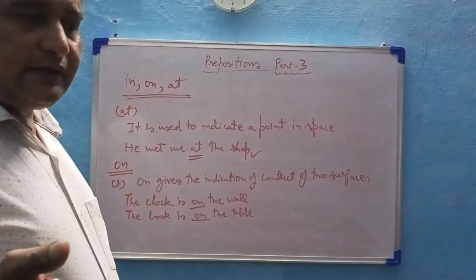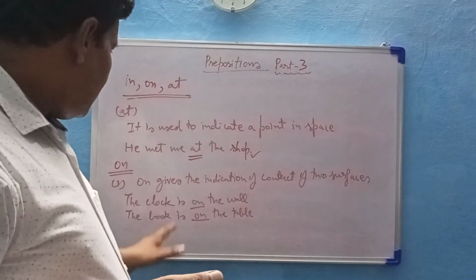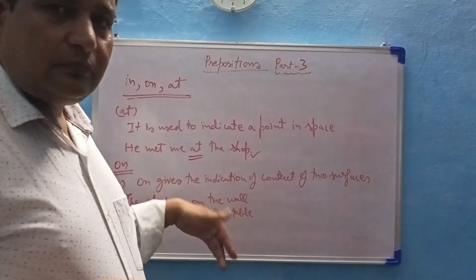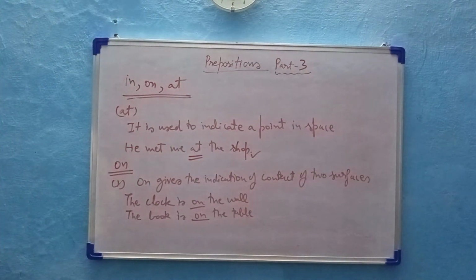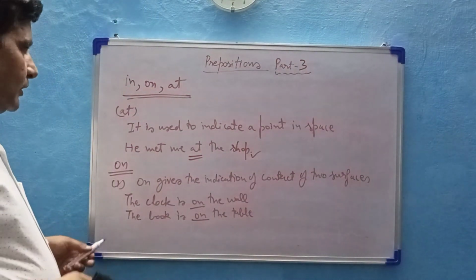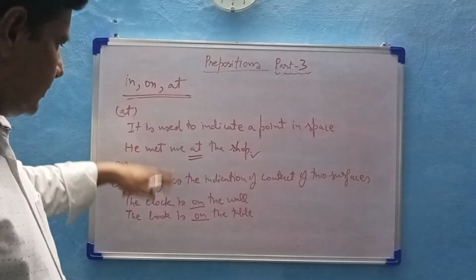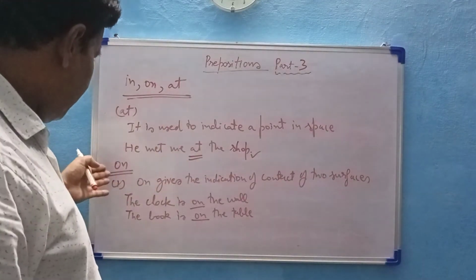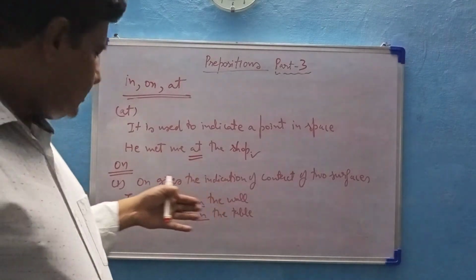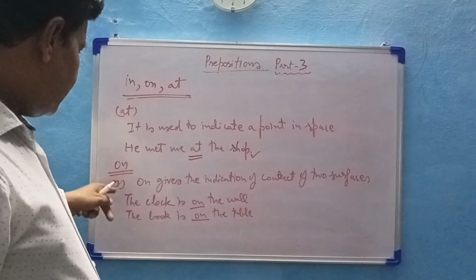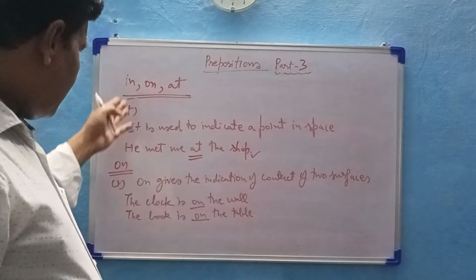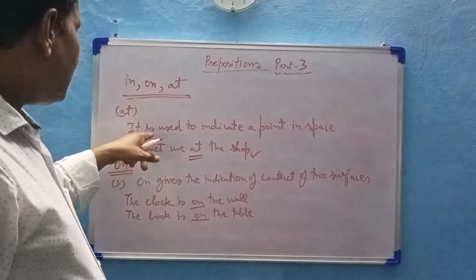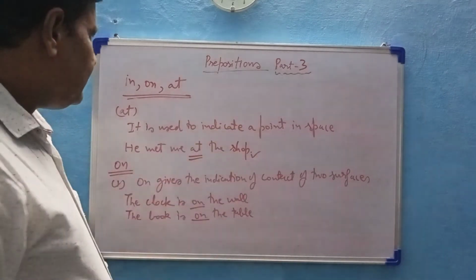Now let us understand how on is used in reference to time. Before giving you one more example related to it, have a quick revision of this. At is used to indicate a point in space.